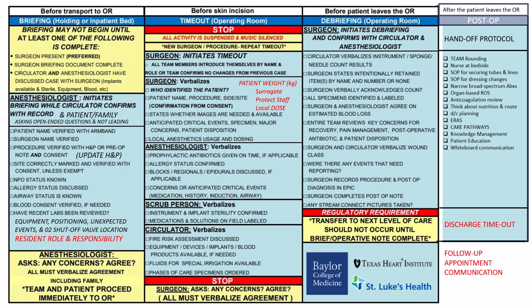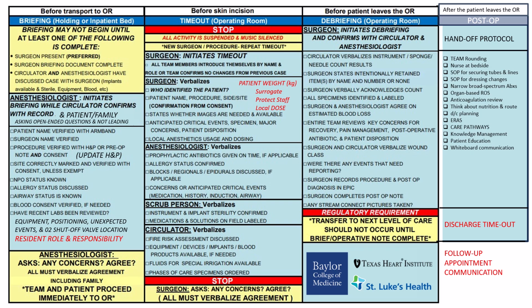into the room. This briefing is held always by me, the surgeon. The anesthesiologist is also present in the room along with the circulator and the charge nurse or the scrub nurse. We then discuss the patient name. We verify it.